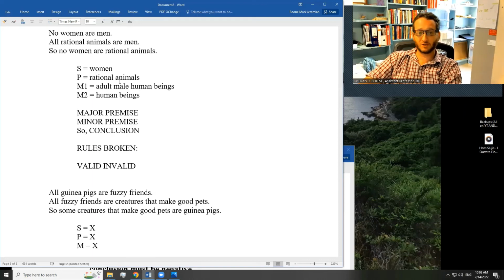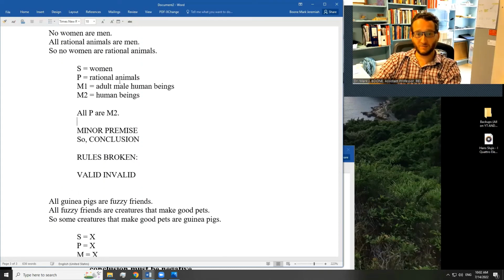And then you state the major premise: all PRM2, all rational animals are human beings. Minor premise: no SRM1, no women are adult male humans.